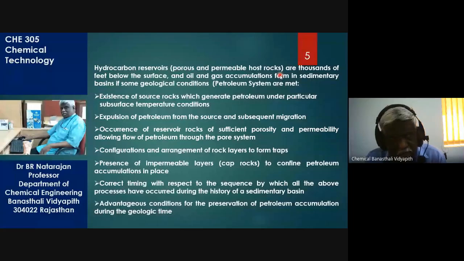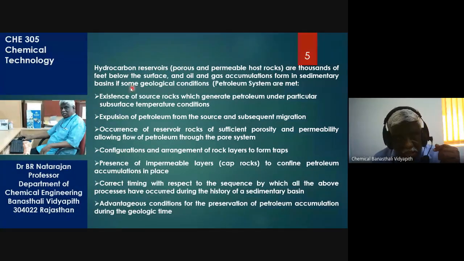You must remember that we are talking a bit of geology. There is a source rock where the oil formation took place, and then there is a set of porous rocks through which the oil and gas pass and reach the host rocks. So you have source rock, the intermediate rocks, and then the host rocks.